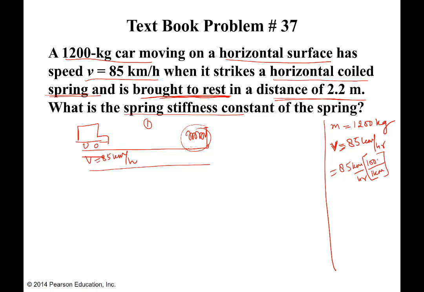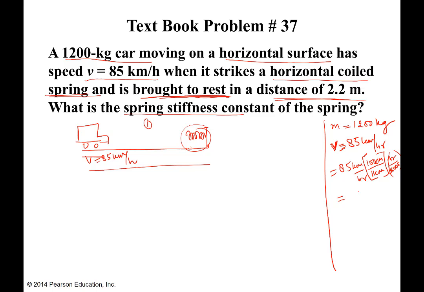You put 1000 meters here, and for time you want 1 hour to go away, so you put 1 hour is 60 minutes, and 60 minutes into 60 seconds is 3600 seconds. Sorry, the space here is really constricted. Once you solve this, you should get a number for it.